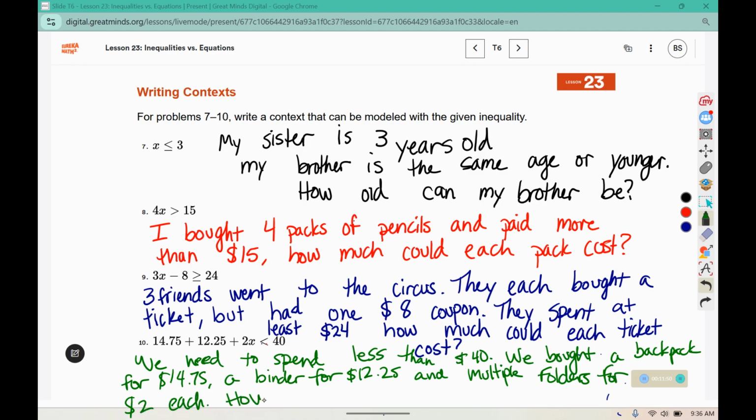How many folders can we buy without going over budget?